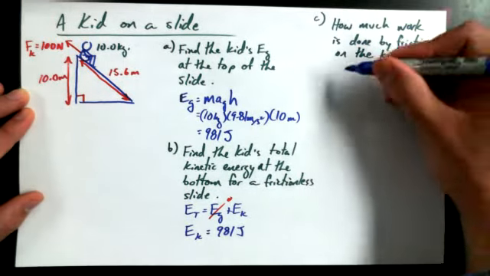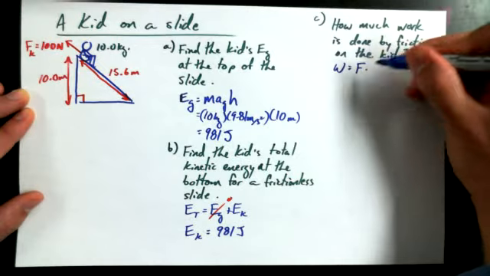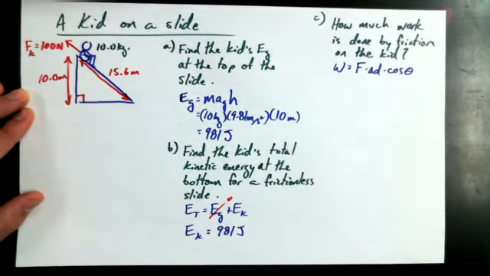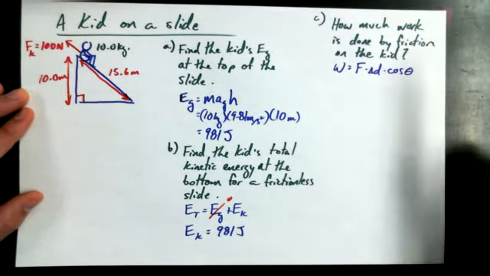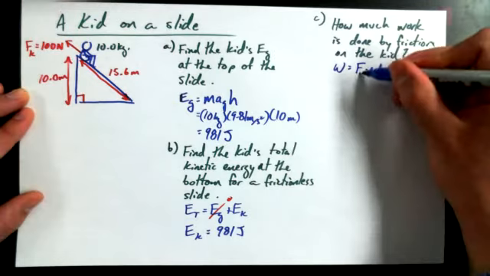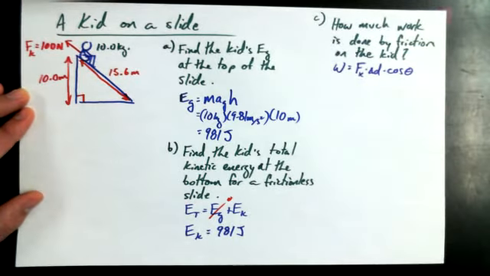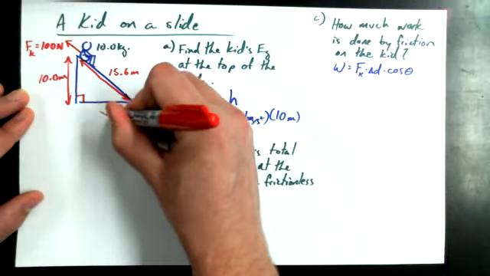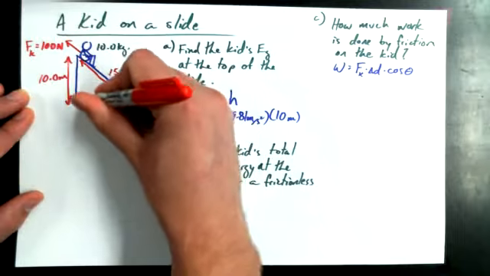So the work formula is work equals force times displacement times cosine of theta. Now the force that we're talking about here, because we're talking about the work done by friction, we can throw that into the subscripts. The friction force and the displacement are going to be in opposite directions to each other, right? Because the displacement is going to be down the ramp, and the friction is going to be acting up the ramp.